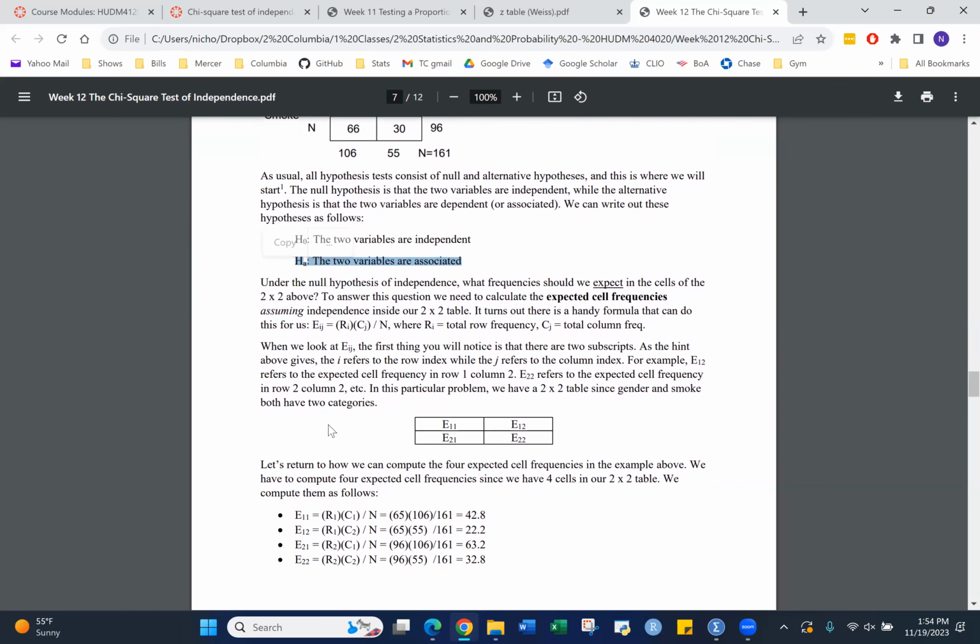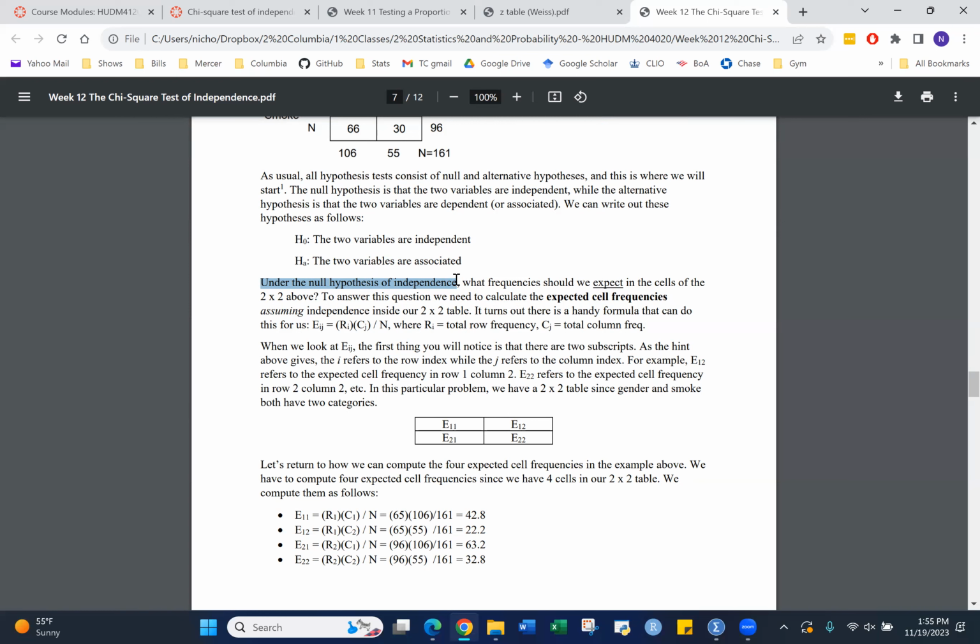Now we do have to digress a little bit and talk about mathematical theory before we can finish mapping out how we do the chi-square test of independence. When you actually compute a p-value, you're assuming the null hypothesis is true.